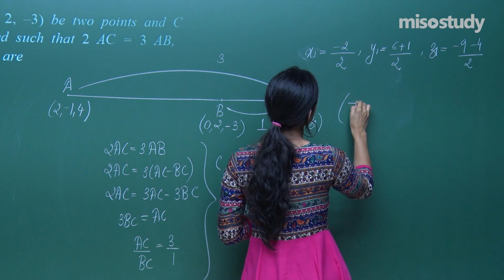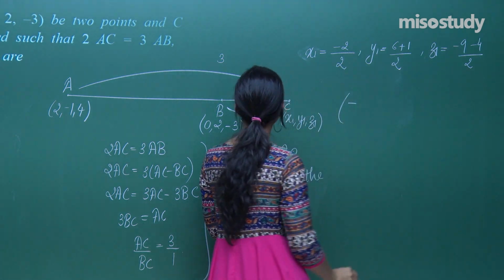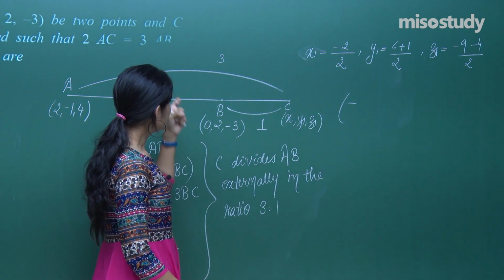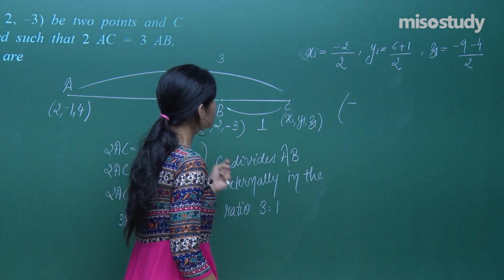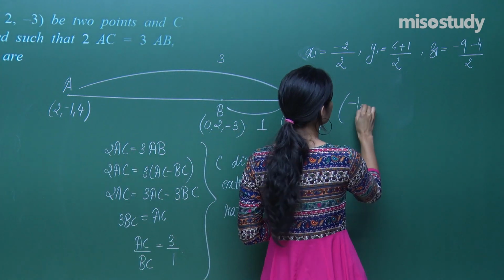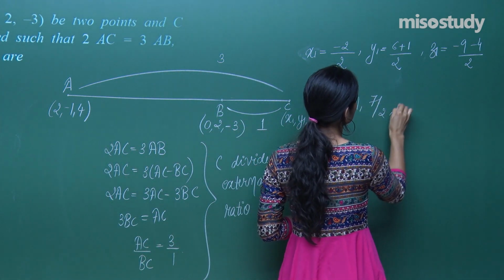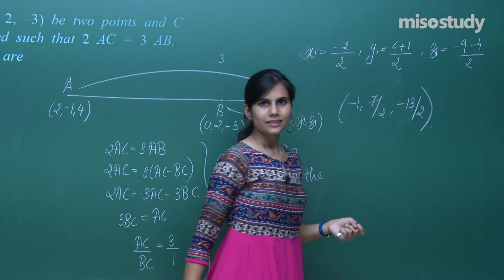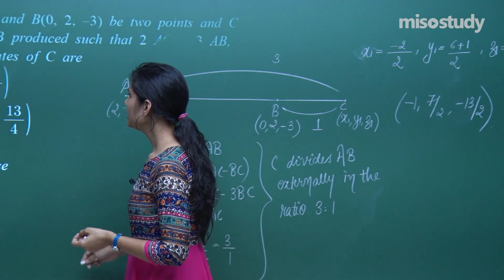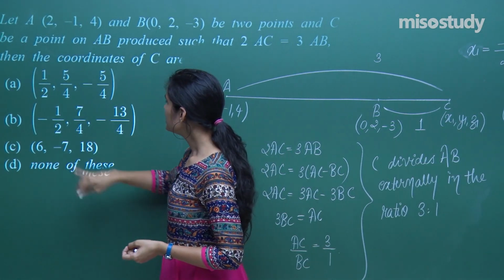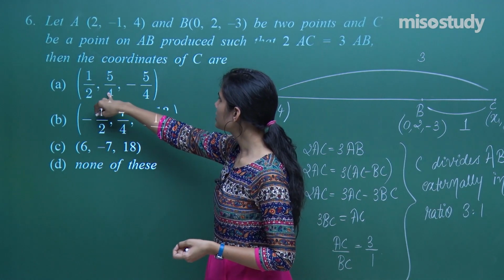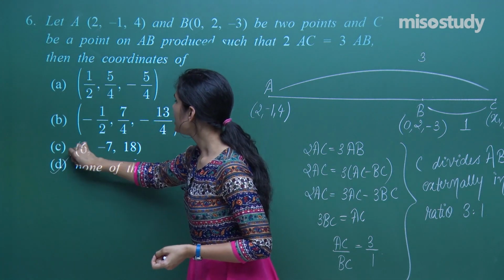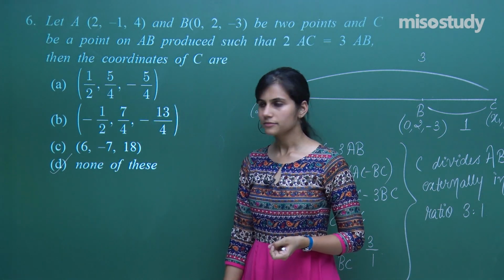So what is this? This was 3 into 0 minus 1 into 2, that is minus 1, 7 by 2, minus 13 by 2. These are the coordinates of point C. So neither this nor this nor this, basically none of these is the correct answer, right?